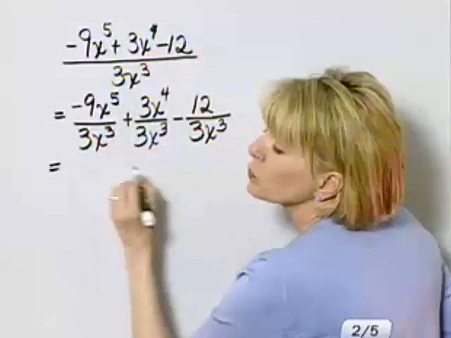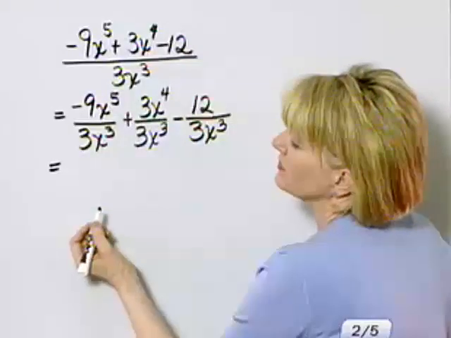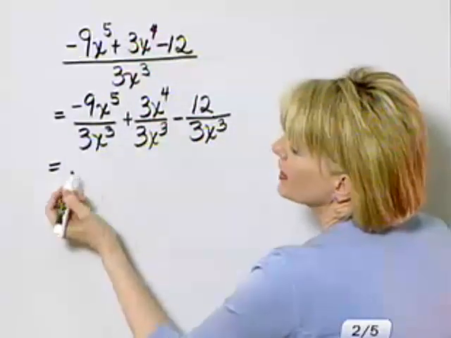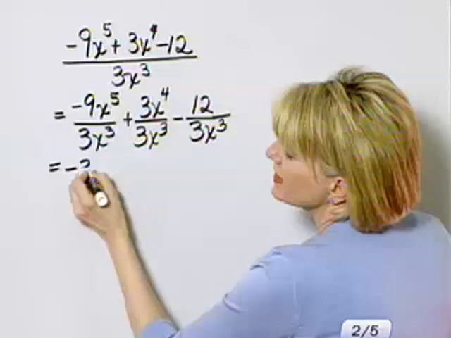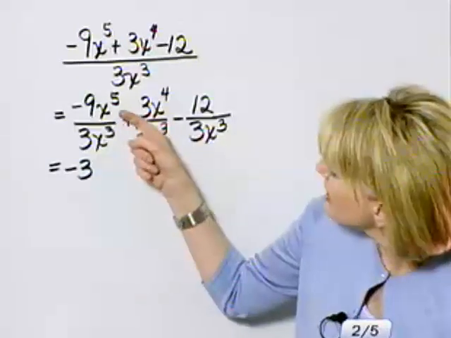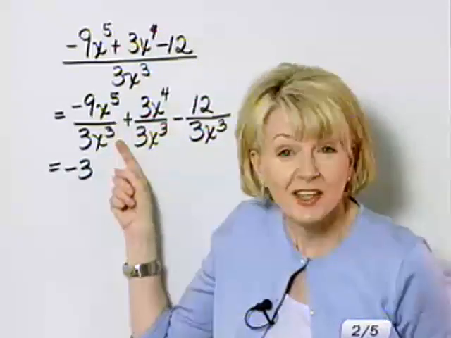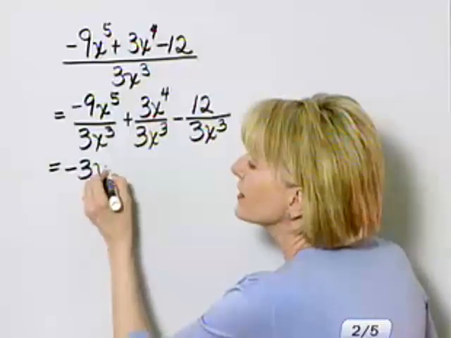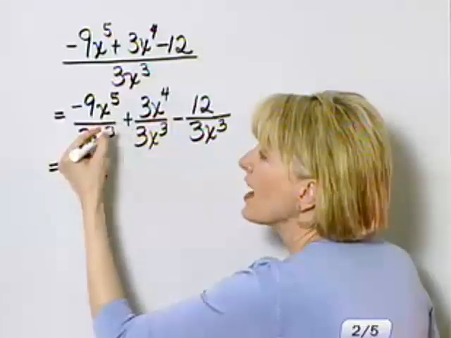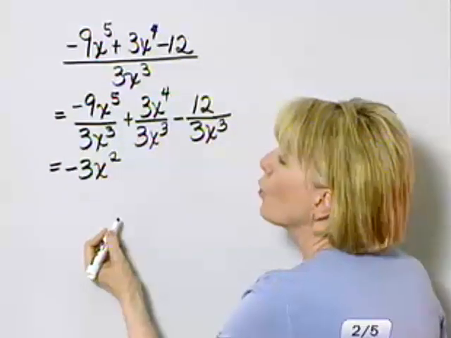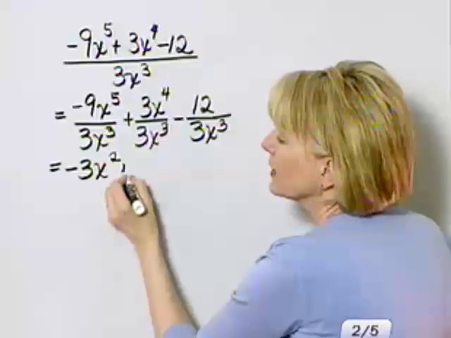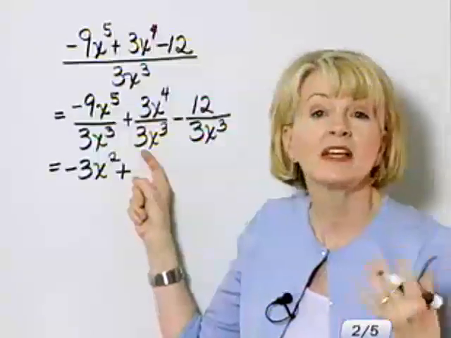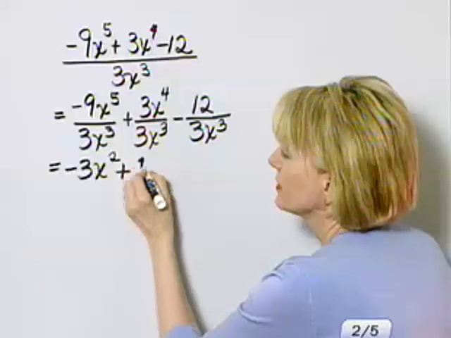And we use rules of exponents to simplify. Negative 9 divided by 3, well, that is negative 3. And then notice I have x to the 5th divided by x cubed, so that is x raised to a power of 5 minus 3, or 2, plus 3 divided by 3 is 1.